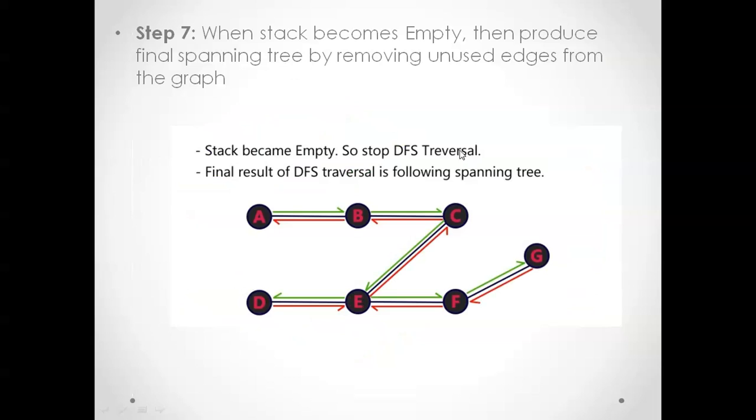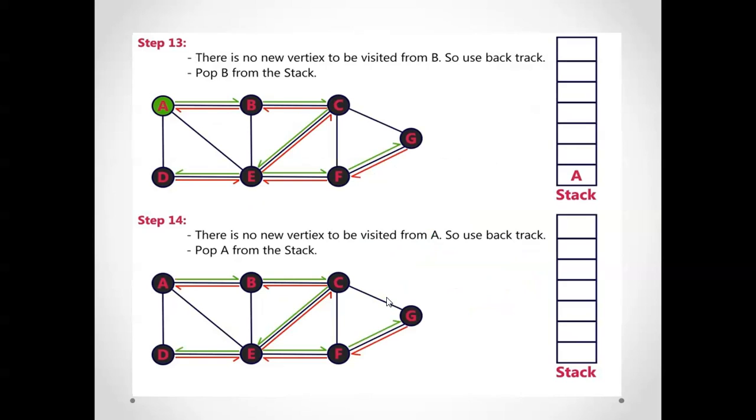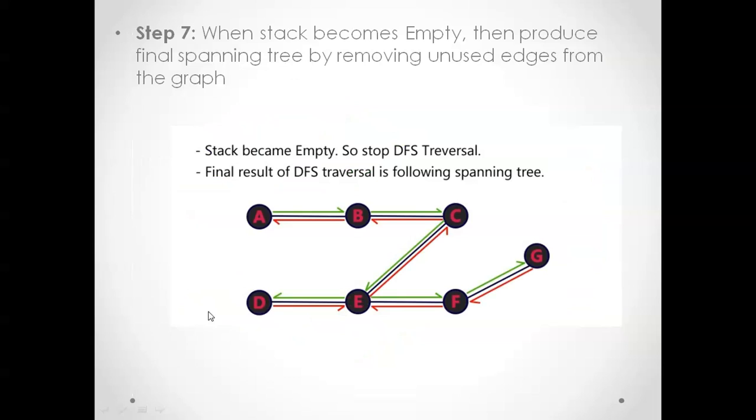When the stack becomes empty, we produce the final spanning tree. What is the final spanning tree here? This is the final spanning tree. What is our aim here? Before that it contained loops. By using backtracking, we removed those loops from the graph.